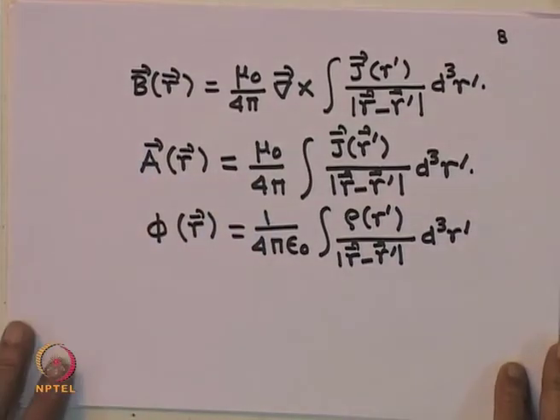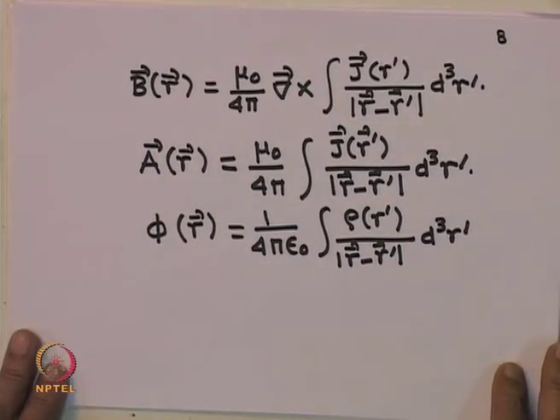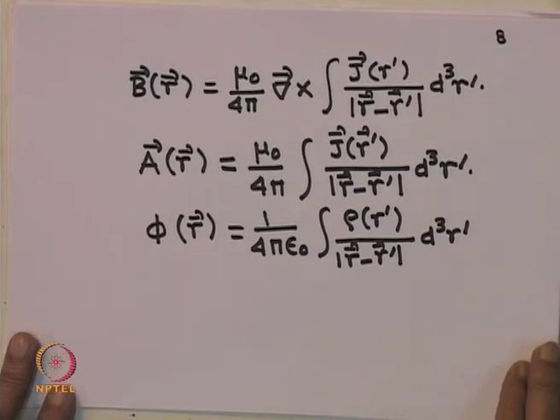The other thing is, in order to calculate the magnetic field, which is physically meaningful, you do not calculate the vector potential at a single point, because B is obtained from A by means of a differentiation. So, you need to calculate the vector potential at various points.